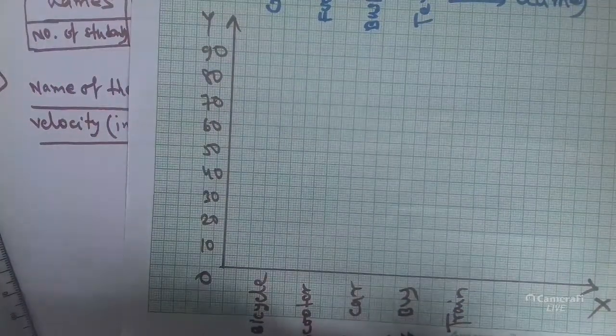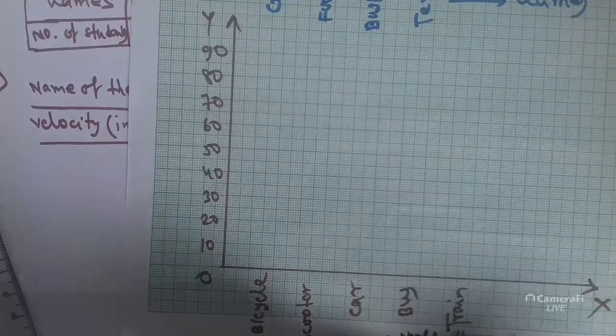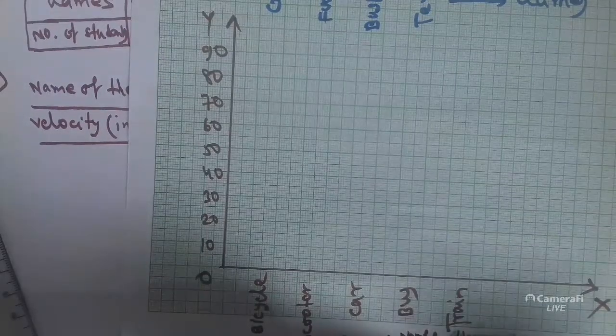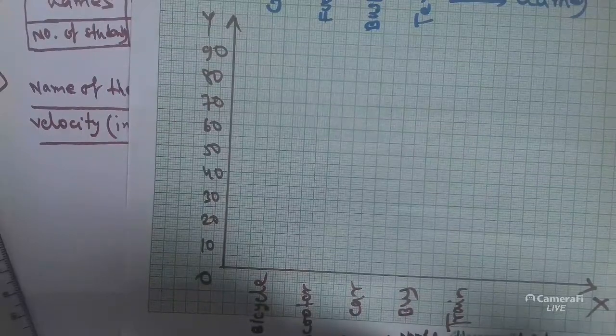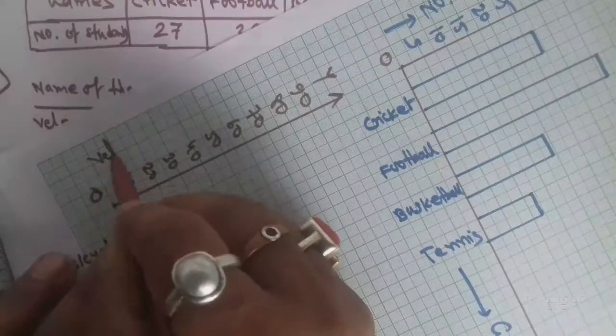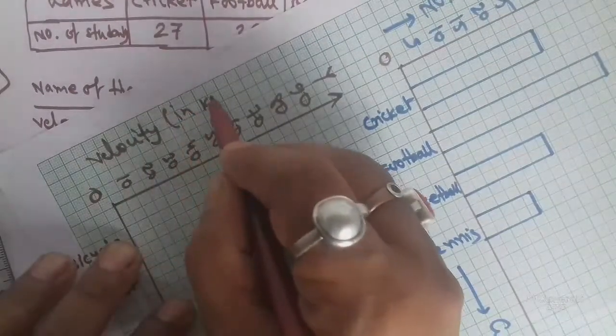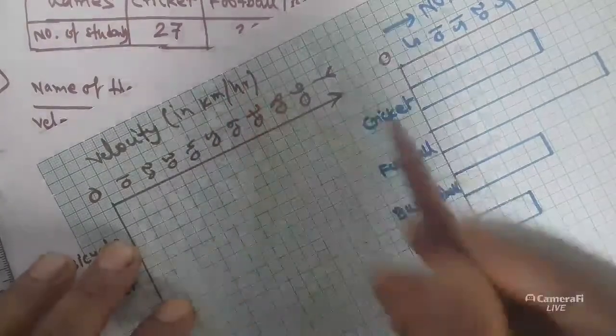On this side we write the name of the vehicles, and along the y axis we write velocity in kilometer per hour.